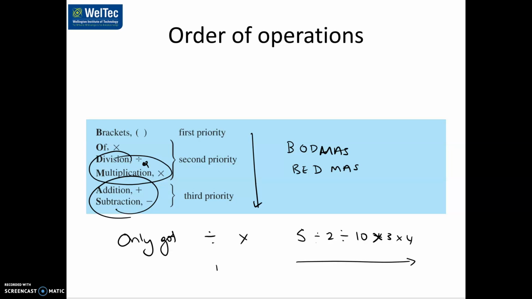And it's the same if you've only got addition and subtraction. You only work left to right. But that's only if you've got just those two. If you've got more than that, then you have to follow the rules of priority.